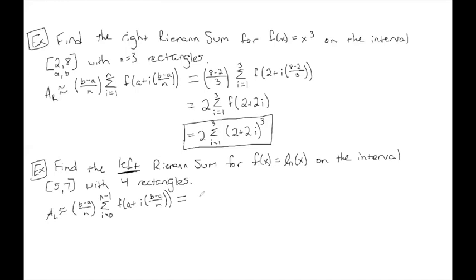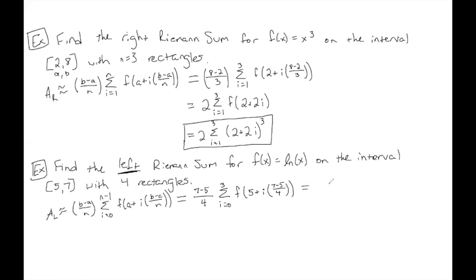So I have b minus a is 7 minus 5 over 4. And then I have the sum i equals 0 to n minus 1, which is 3, of f of 5 plus i times (7 minus 5) over 4.